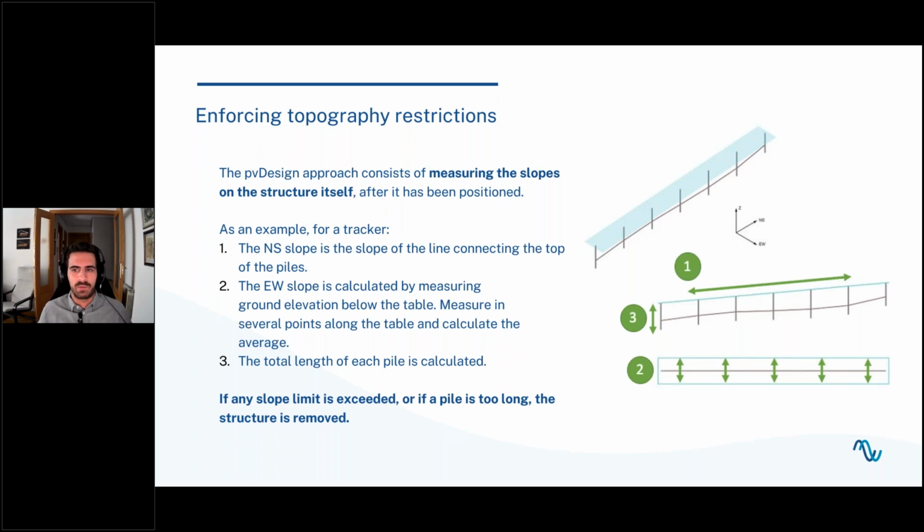So because we have calculated each pile individually, we can actually calculate the individual length of the piles. And if we find any pile which is too long, we can also remove the structure using the undulation tolerance filter. And we also look at east-west slopes through looking at the perpendicular lines to the structure.